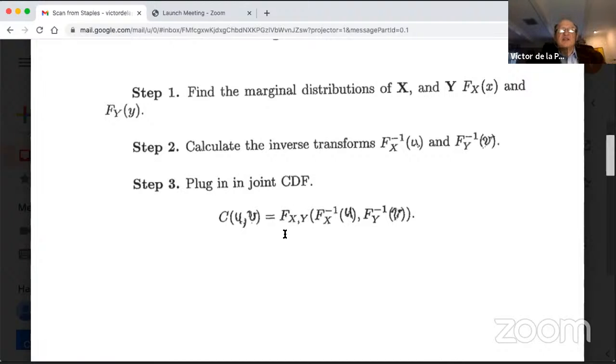That's the copula. It's a joint distribution of uniform variables because U and V are between 0 and 1.